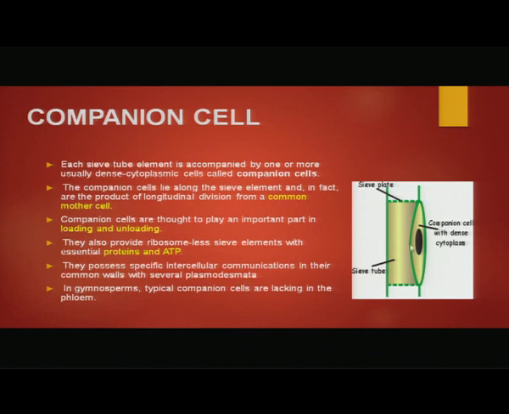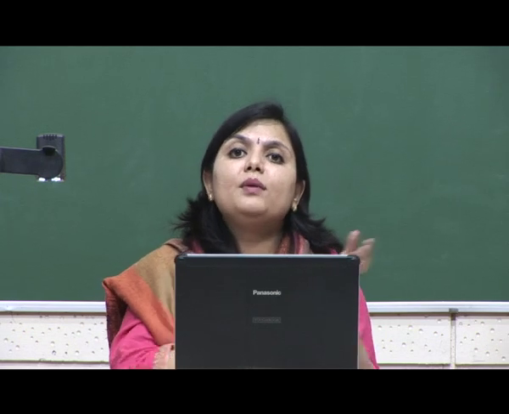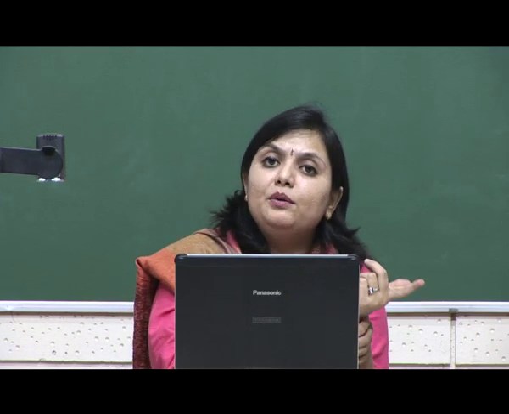So, they are in continuous communication with the sieve tube cells with the help of several plasmodesmata that are present between the companion cell and the sieve tube cell. In gymnosperms, typical companion cells are lacking in the phloem, but then there are no sieve tube cells also in the gymnosperms. Instead, the sieve cells are present and the function of the companion cell there is performed by the albuminous cells.